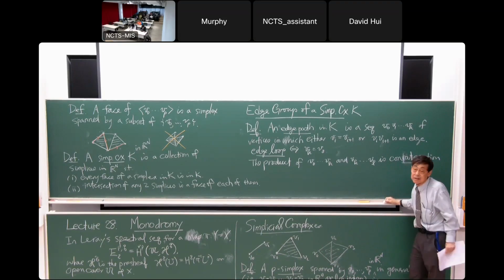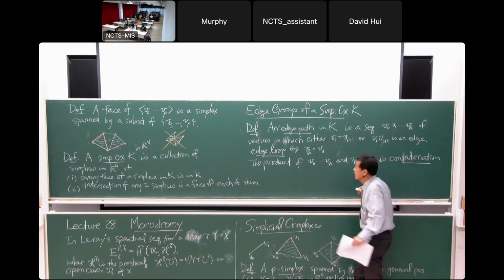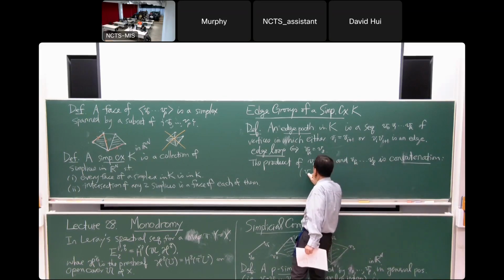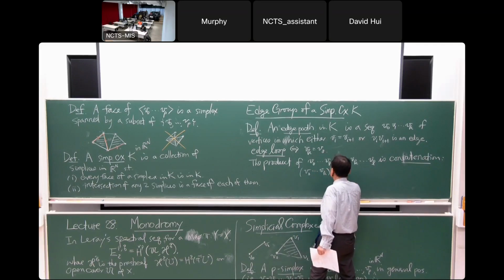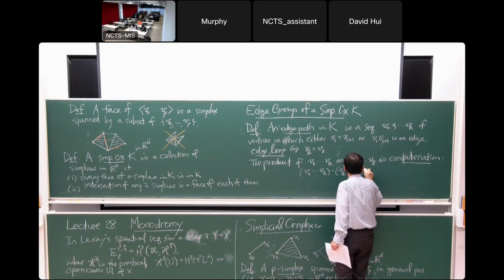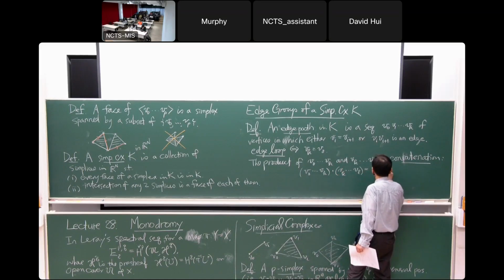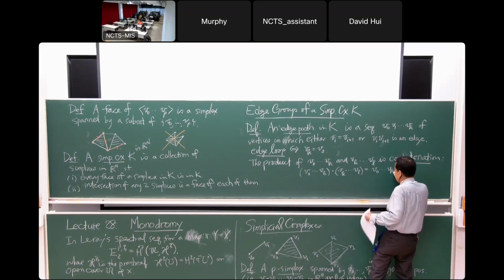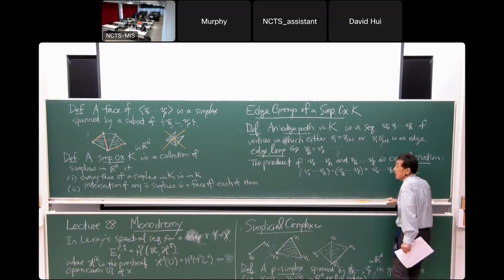Okay, concatenation means you follow one with the other. So V0 to VK times VK to VL is V0 to VK and then VK to VL. Okay?